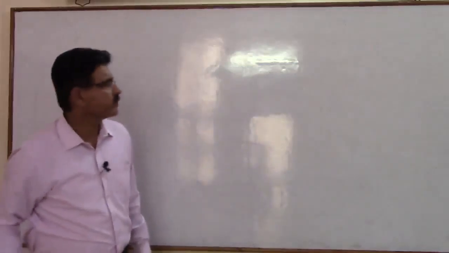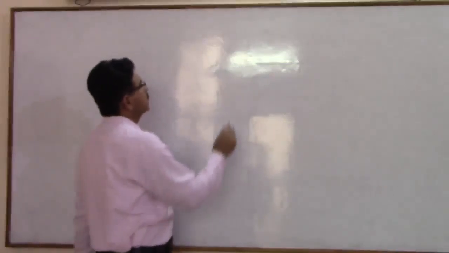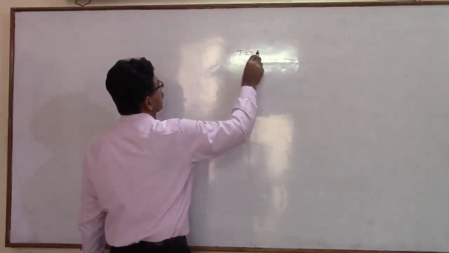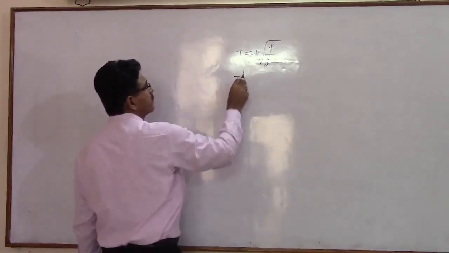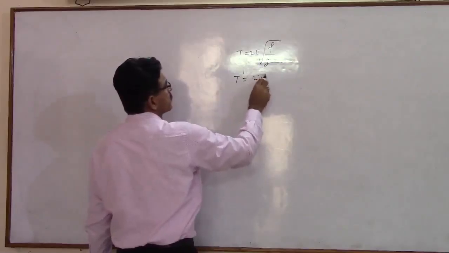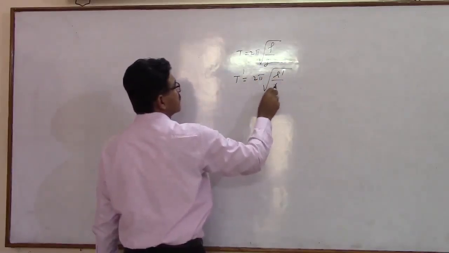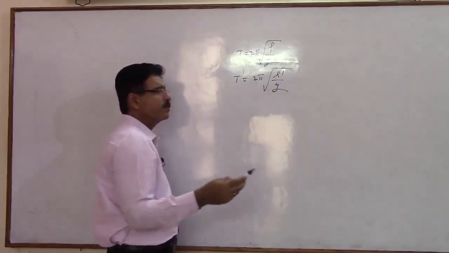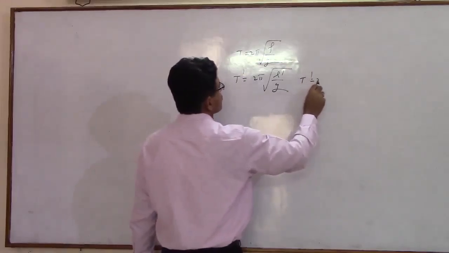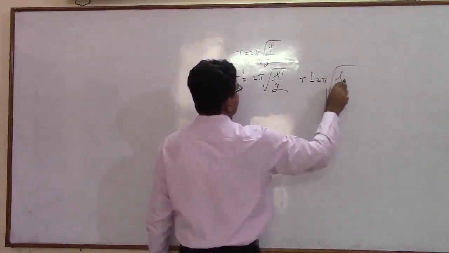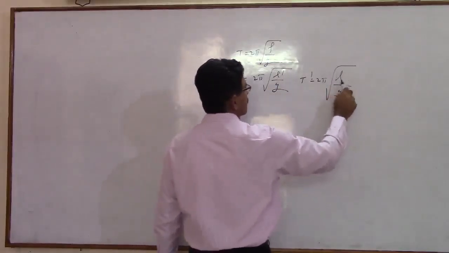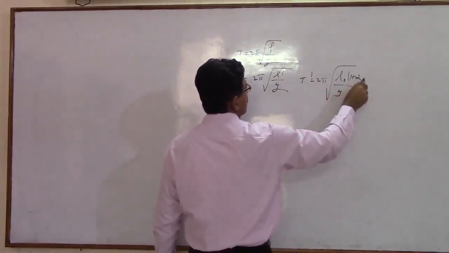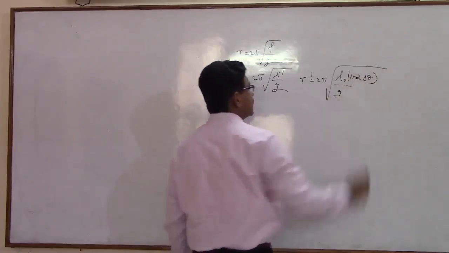If you recall what we had studied, T is equal to 2 pi under root of L by g. Then T prime at some temperature becomes 2 pi under root of L prime by g, and L prime can be written as L0 (1 plus alpha delta theta), where delta theta is the change in temperature.